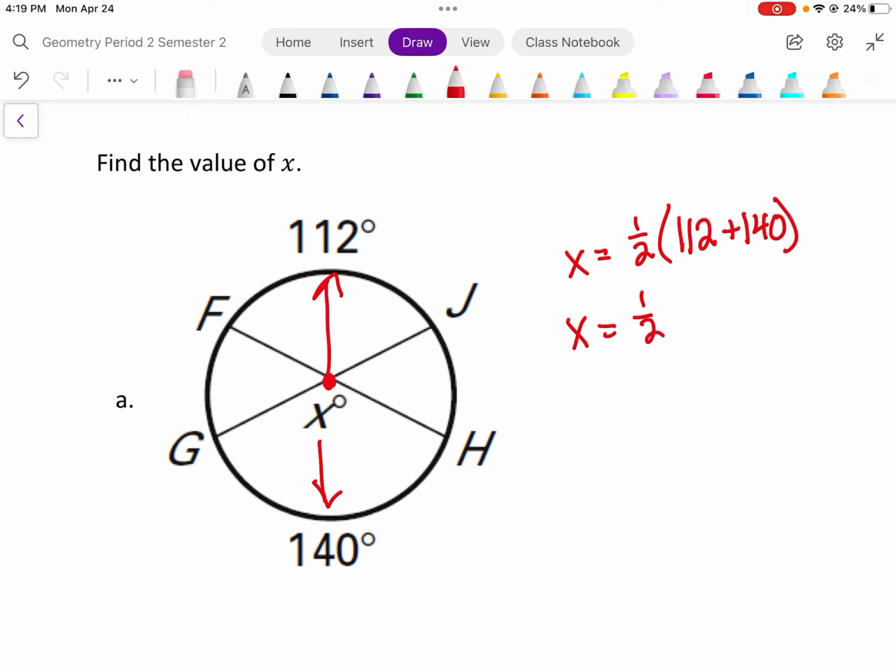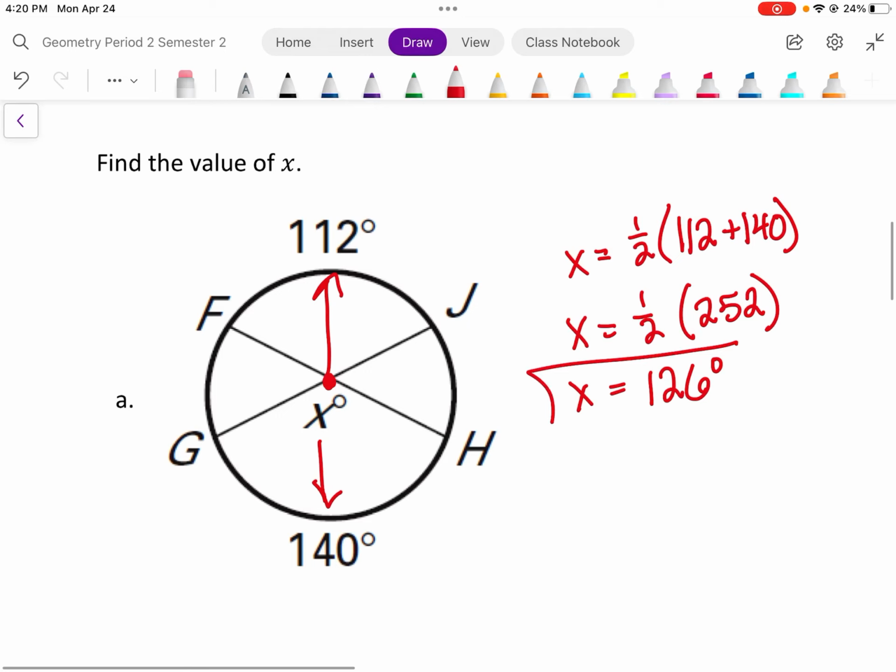We can either type this into the calculator, or we can just solve it step by step. So half of 252 is going to be 126 degrees. And when you're doing this again, you have to use the arcs that are opposite of the angle you either know or are looking for.